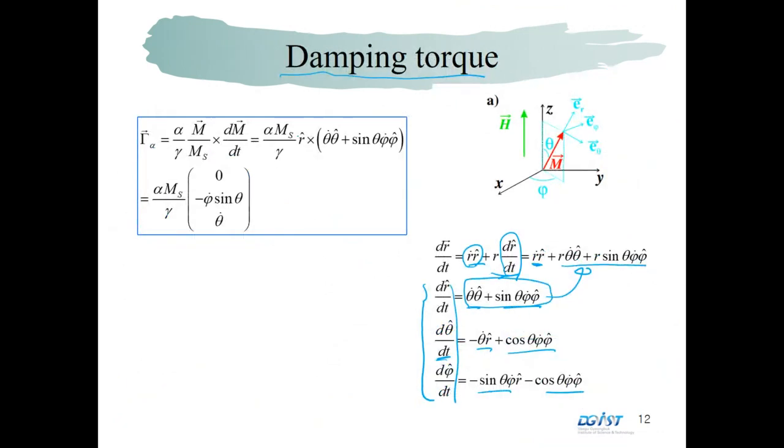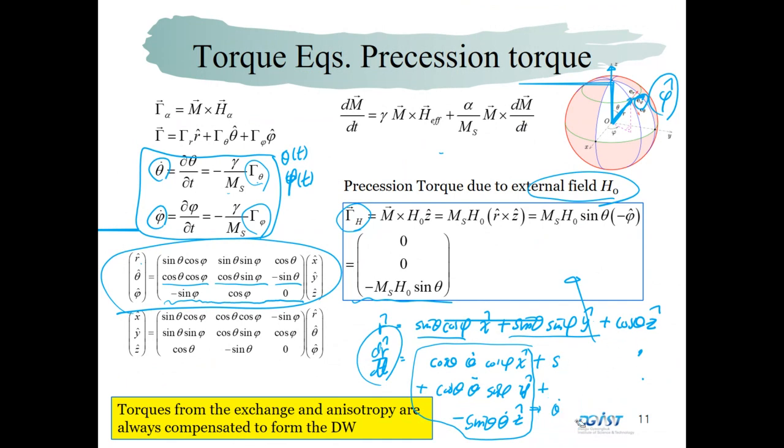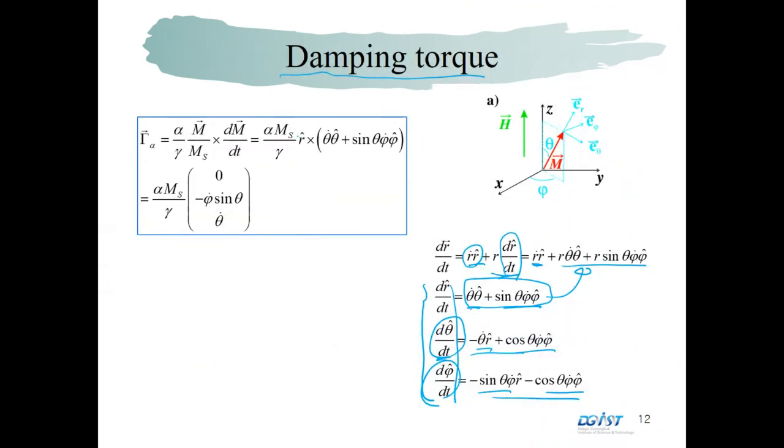You can do the same thing for theta and phi, and obtain such a relation. It's not easy, and you need many tedious calculations, but somehow you can do it. Anyway, you can insert this result here.